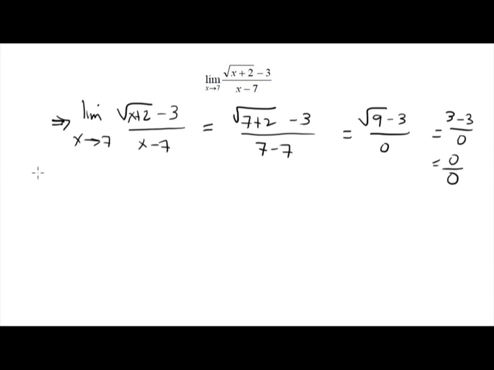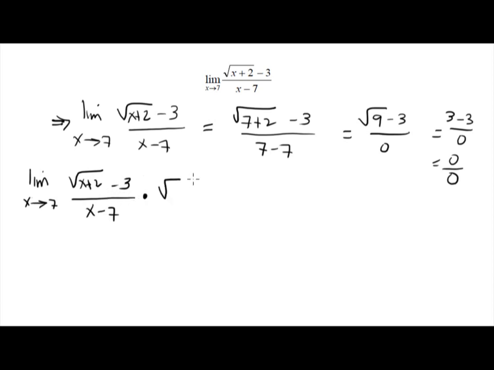So to simplify the expression, limit as x approaches 7 of the square root of x plus 2 minus 3 over x minus 7, this expression can be simplified if I rationalize the numerator.